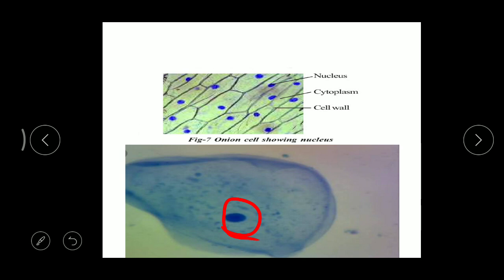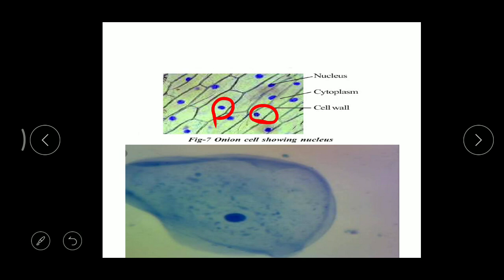But in plant cells, the nucleus is present at the side of the cell. That's the main difference between plant cell and animal cell regarding the position of the nucleus, right?